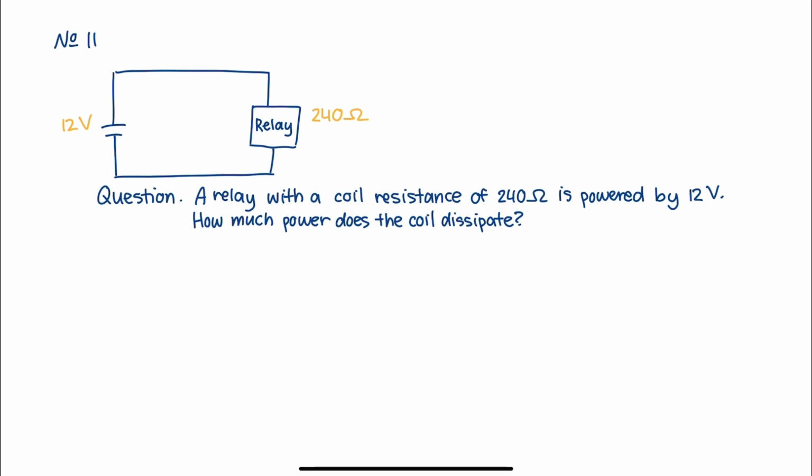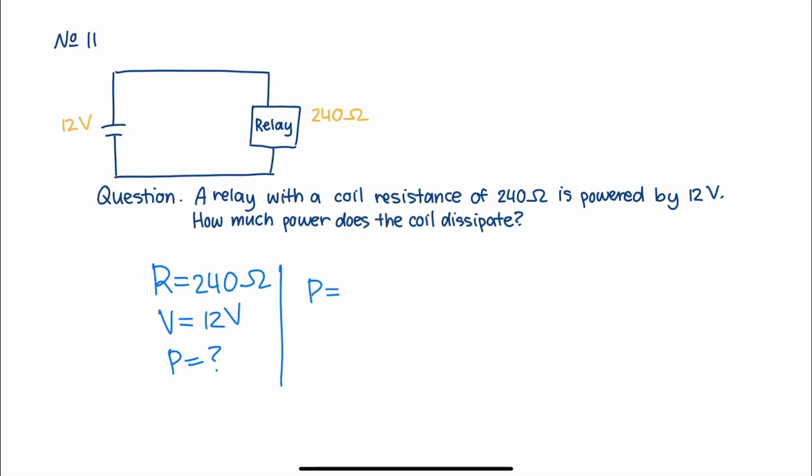So we are given R, which is 240 ohms, and voltage, 12 volts. We're looking for P, power.